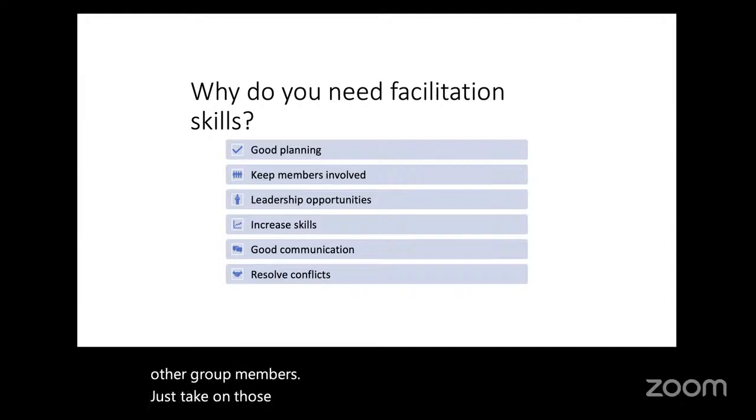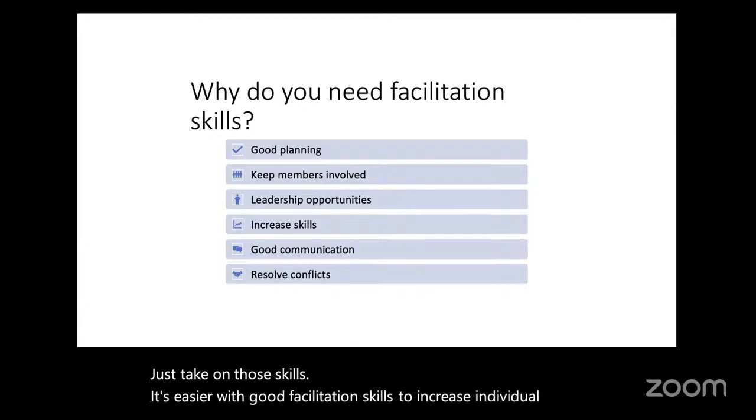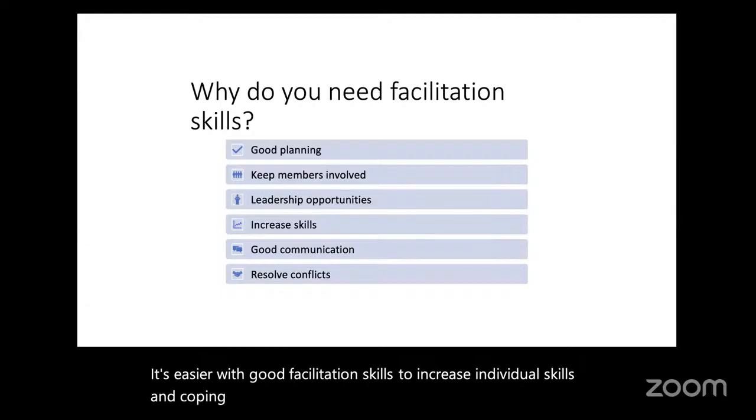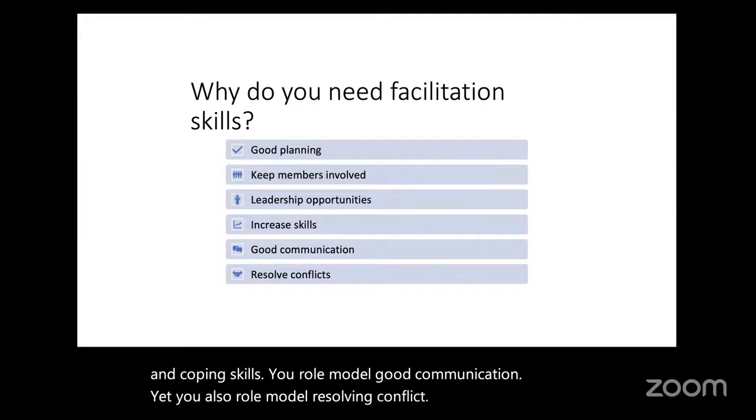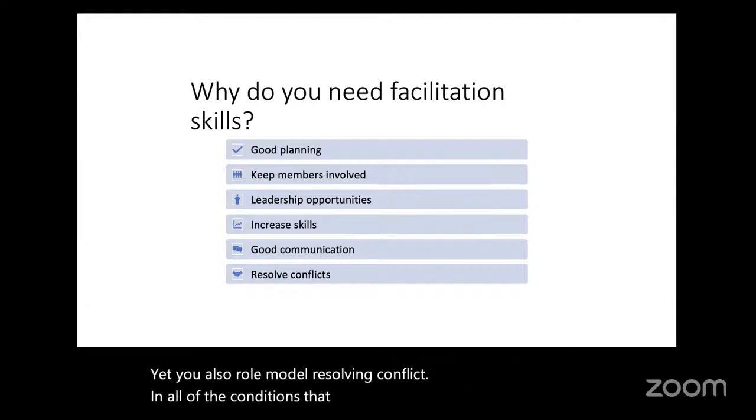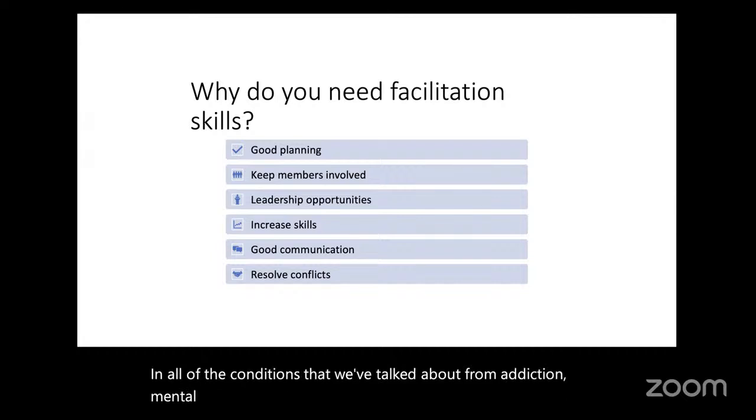It's easier with good facilitation skills to increase individual skills and coping skills. You role model good communication, and you also role model resolving conflict in all of the conditions that we've talked about, from addiction, mental health, to trauma, to loss.